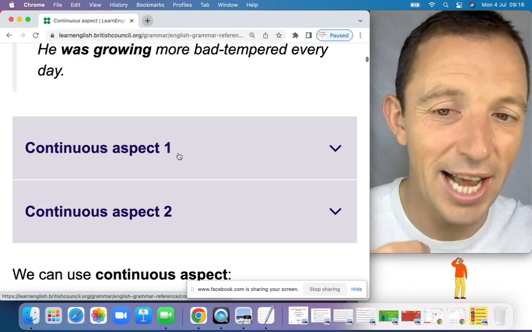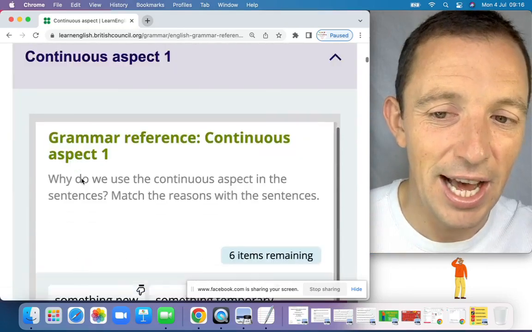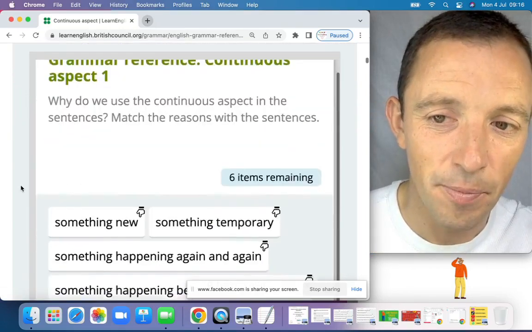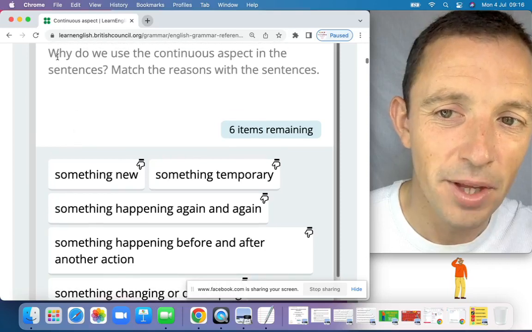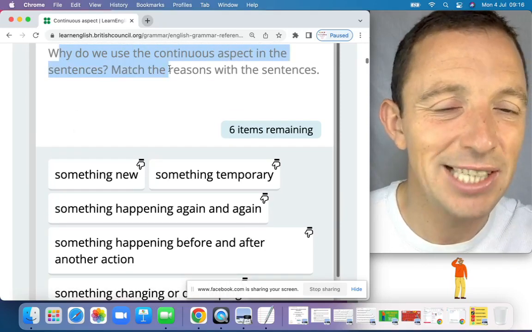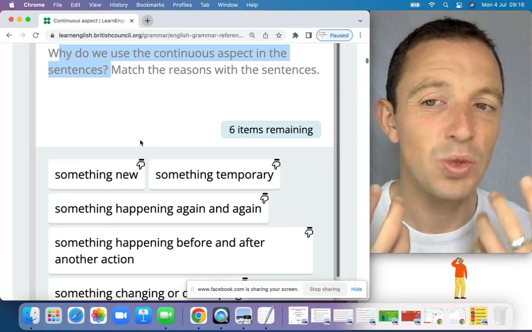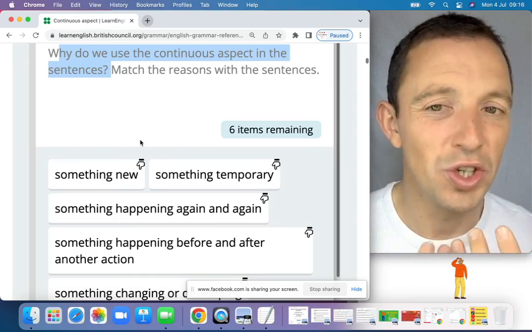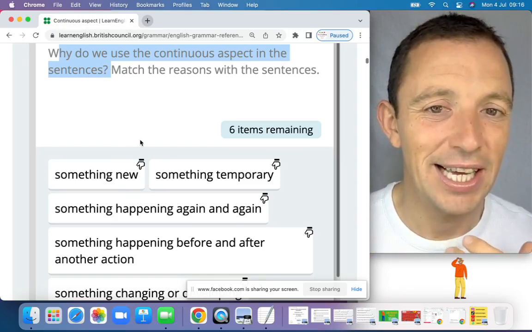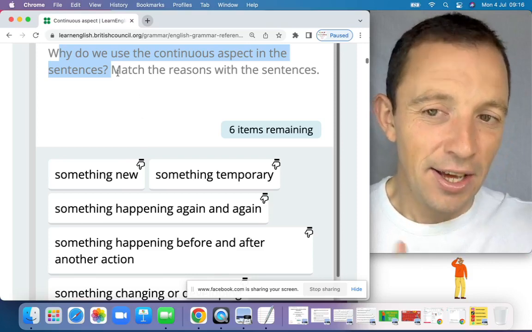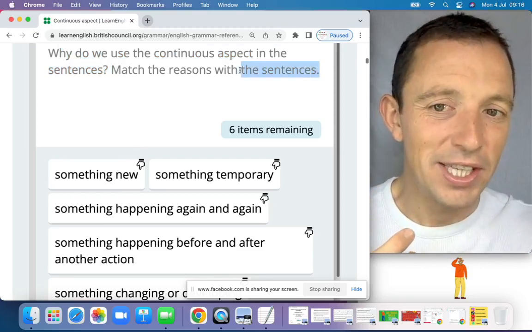So let us select the first exercise, and the question is, why do we use the continuous aspect in the sentences? Match the reasons with the sentences.